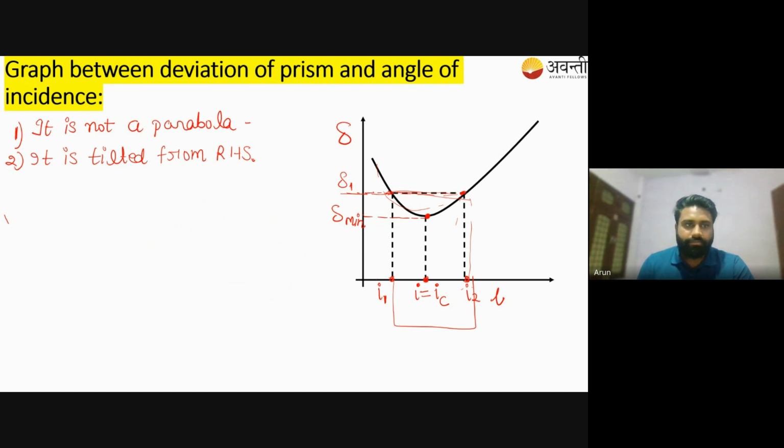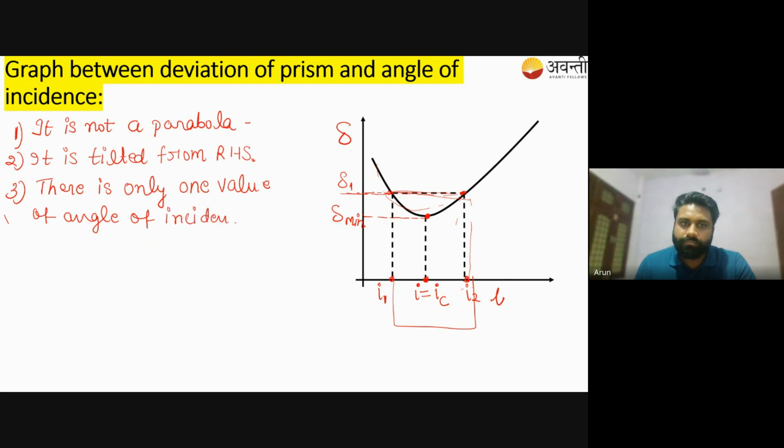So we will write it as a pointer. There is only one value of angle of incidence for which minimum deviation can take place, can occur.